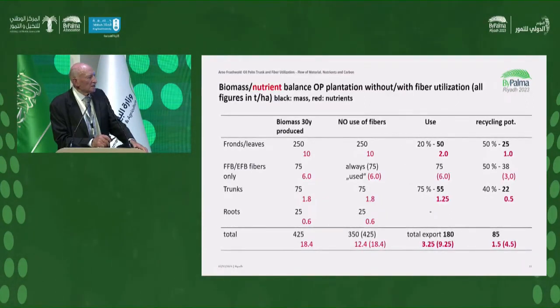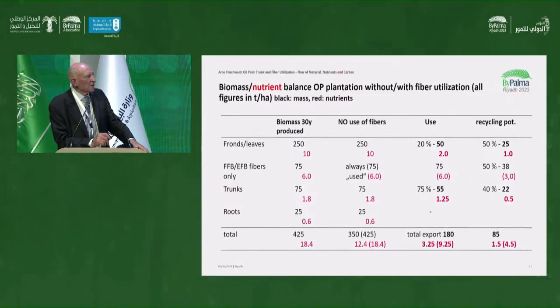And then we made some comparison, this table. We have on the left column the biomass produced, and in red we have the nutrient quantity, the red figures. Let's concentrate on the red figures. If we don't use it, we keep the red figures, the nutrients, except with the fruit bunches. They are exported anyhow.